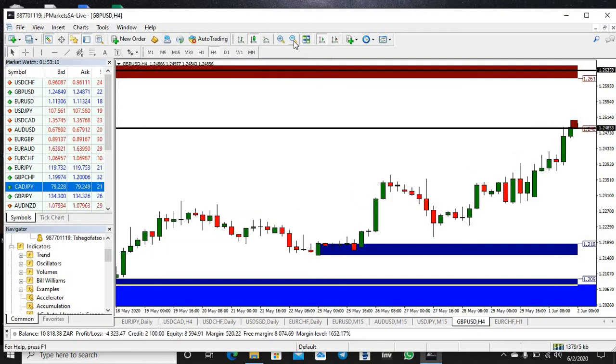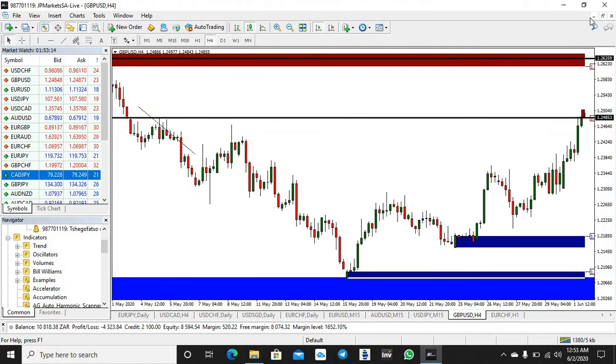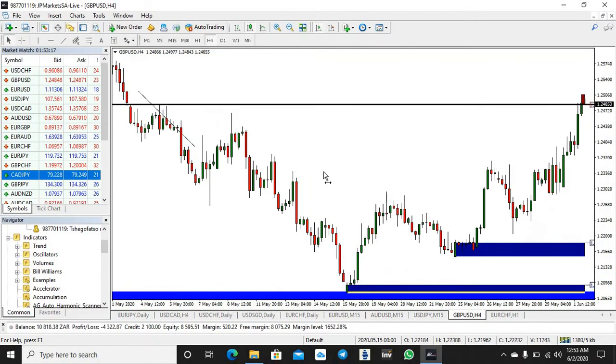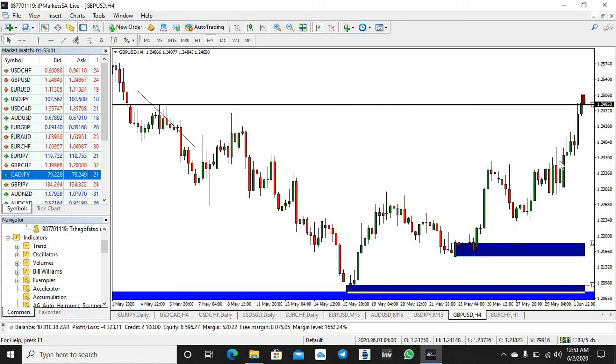In my next video, I'm definitely going to be using TradingView, because MT4 is really not doing the most. It's sometimes a mess. Right, so on the 4 hours, we're still on an uptrend.